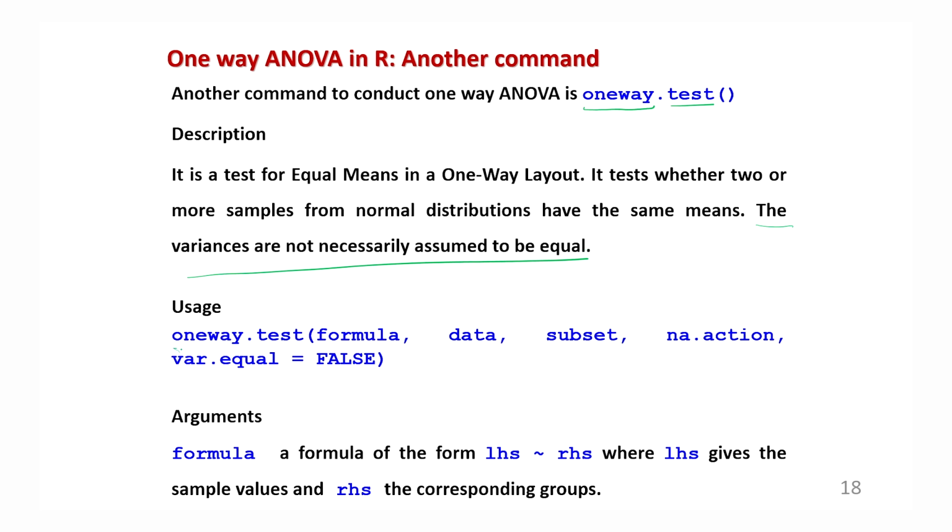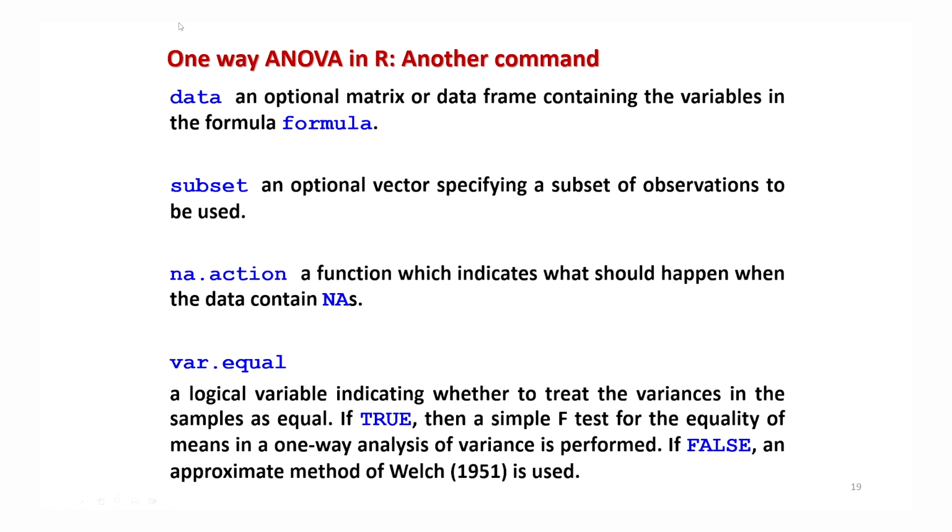And the command here is oneway.test. Then you have to give it the formula, then data, then subset, then na.action, and var.equal equal to false or true. Formula is, as I told you, what we used in the command: marks tilde grades. This LHS tilde RHS, LHS gives the sample values and RHS gives the corresponding groups. Data is the optional matrix or data frame in which you give the data.